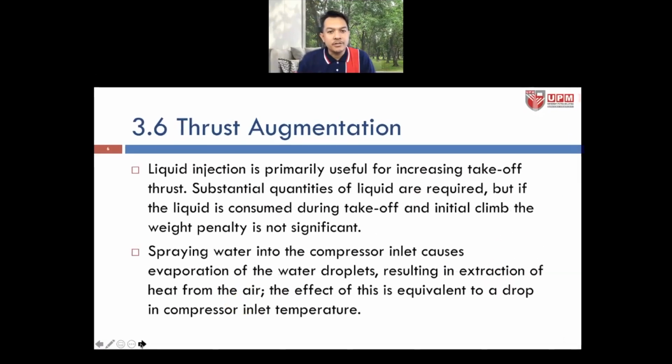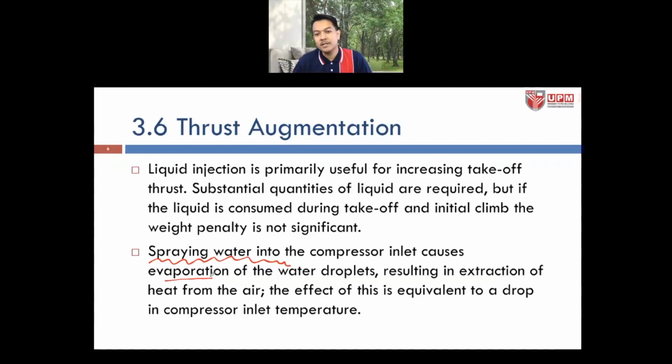In terms of liquid injection, it is primarily useful for increasing takeoff thrust. Substantial quantities of liquid are required, but if the liquid is consumed during takeoff and initial climb, the weight penalty is not significant. Spraying of water into the compressor inlet causes evaporation of the water droplets, resulting in extraction of heat from the air.